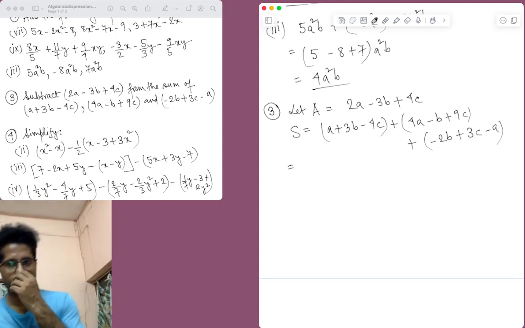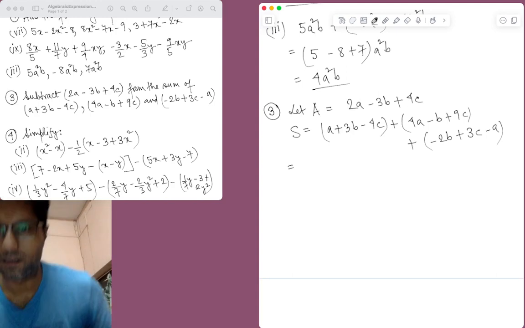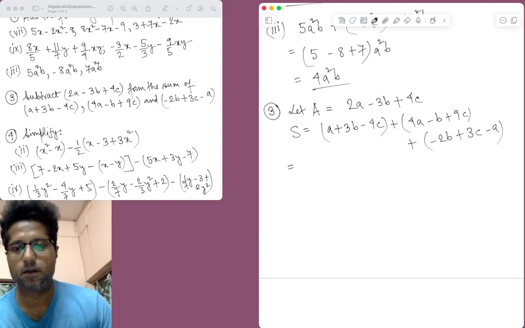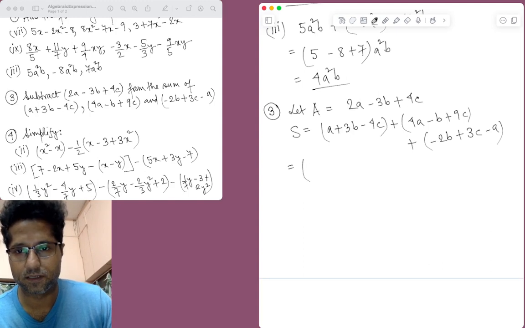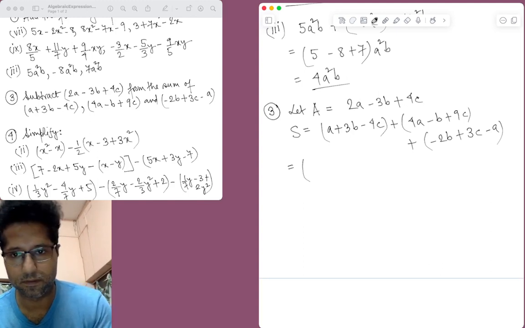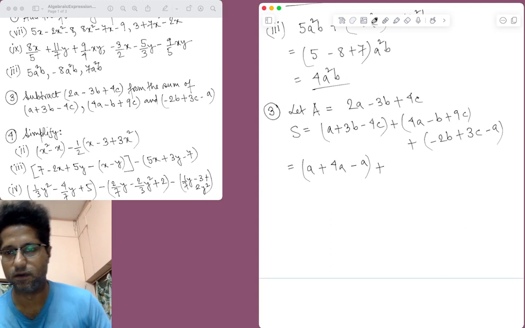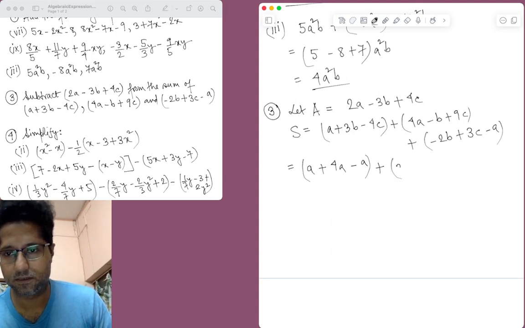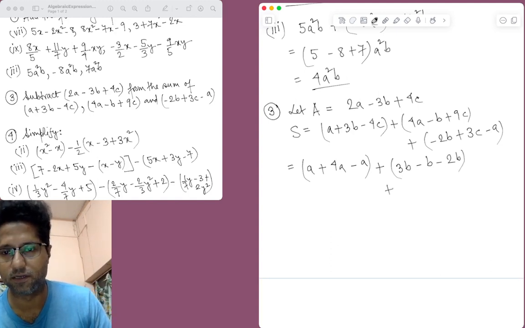Now to find S, we have the sum of three algebraic expressions. We will collect the like terms. So let's first collect the terms with literal coefficient A, and this is 1 plus 4A minus A. Then let's collect the like terms with literal coefficient B. So this is 3B minus B minus 2B, and let's collect the like terms with literal coefficient C. We have minus 4C plus 9C plus 3C.